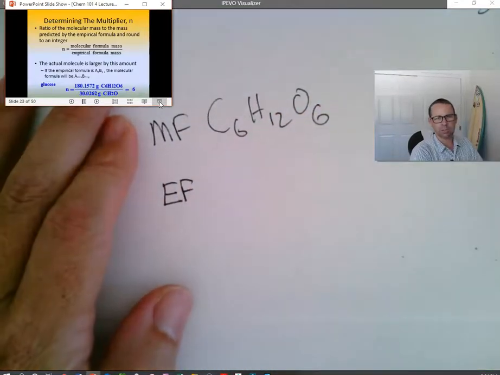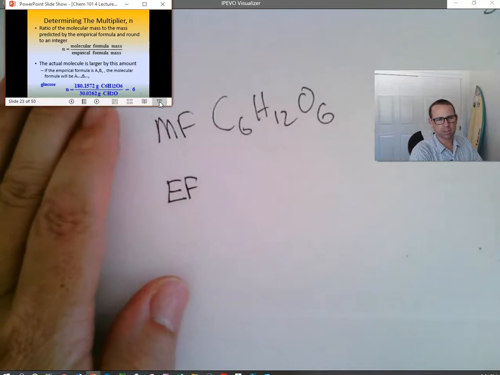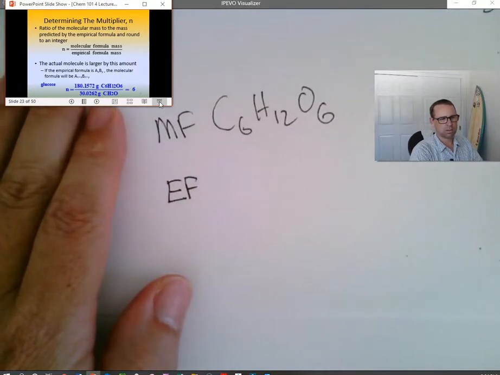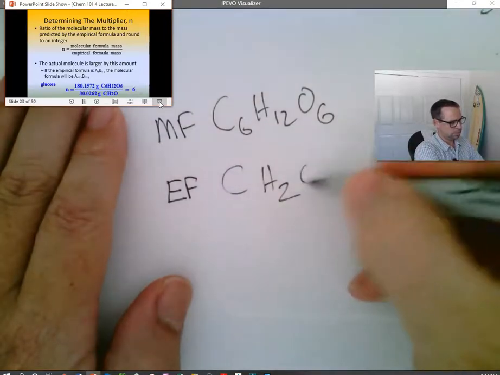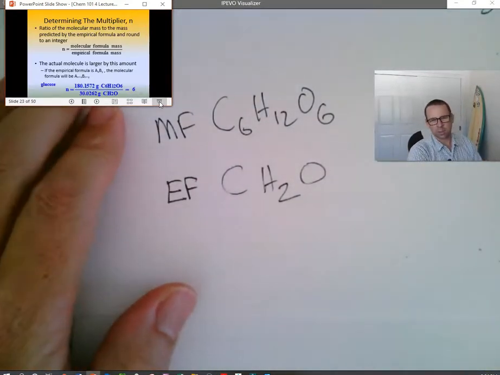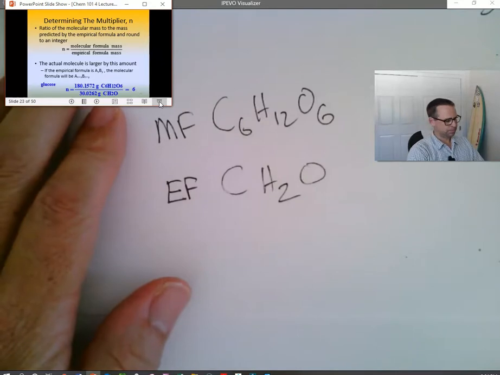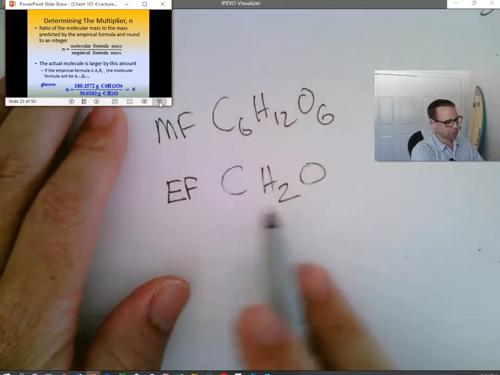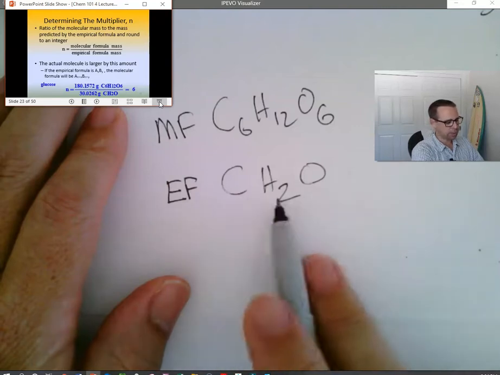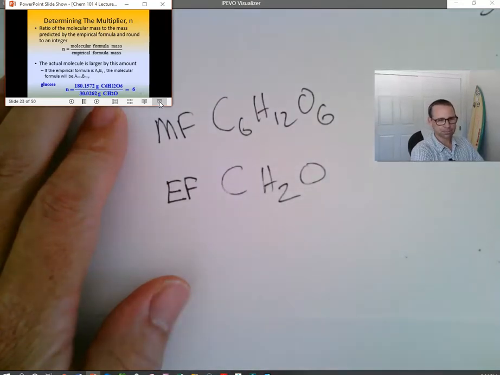So could you tell me what the empirical formula for this compound is? It would be CH2O. That's right. That's the empirical formula. It's the reduced relationship or molar ratio of the different elements in the compound.